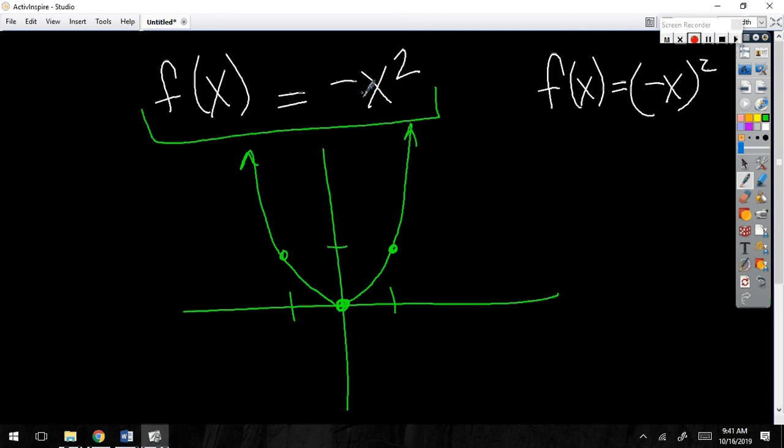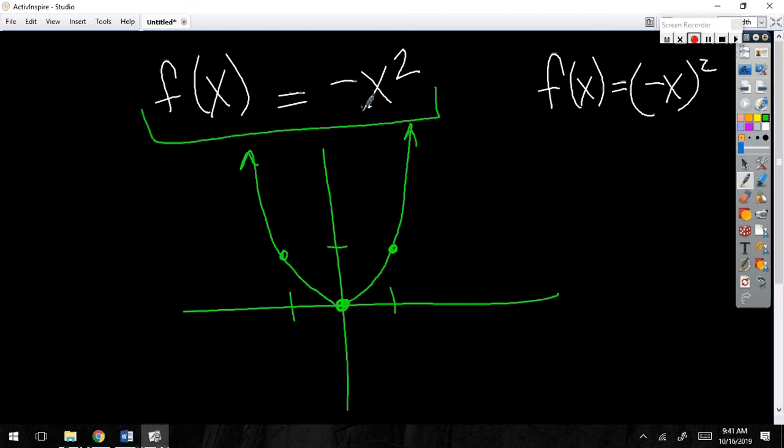Why is this one over the x-axis and not the y-axis? This one, the negative sits in front of the whole equation. That one, the negative sits only with the x. Do you see the difference? These get tricky when you get to things where that's the only thing there.